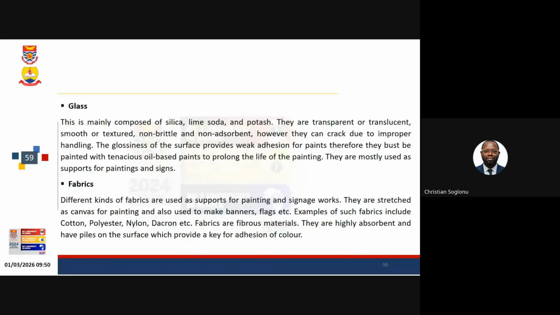So fabrics, different kinds of fabrics, are used as support for painting and signage works. They are stretched as canvas for painting and also used to make banners, flags, etc. Examples of such fabrics include cotton, polyester, nylon, dacron, etc. Fabrics are fibrous materials.